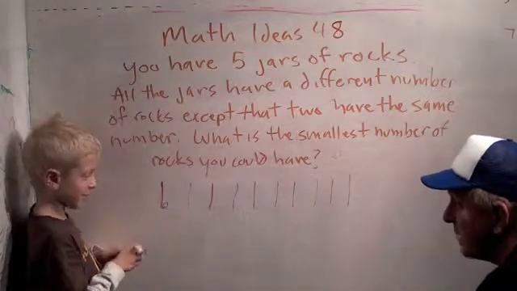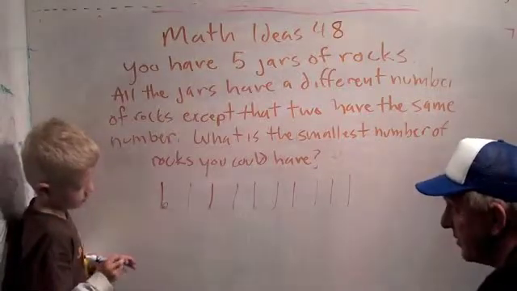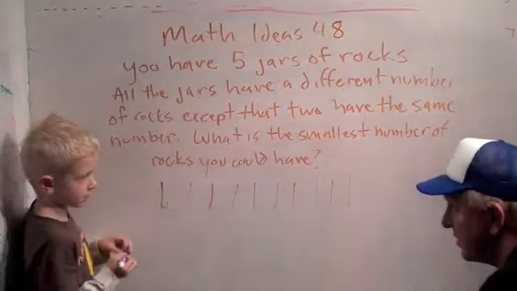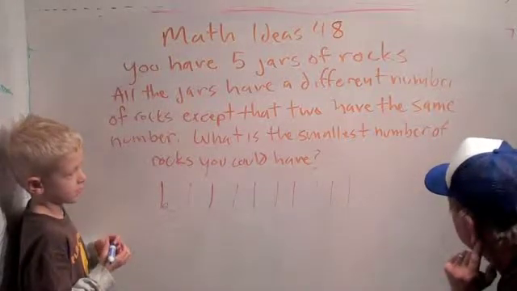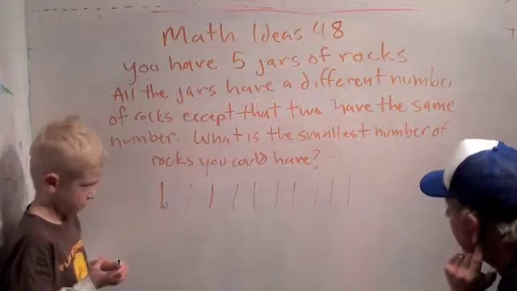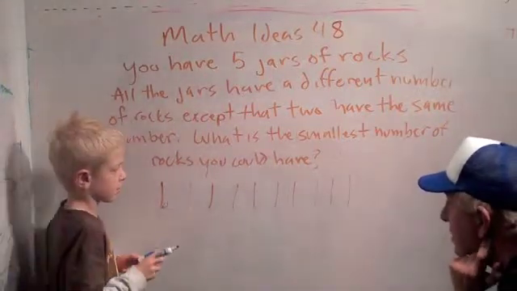Now, you know that the containers all have a different number of rocks except 2 that have the same. And if 2 of them are going to have the same, and you're going to try to keep it small, how many do you think are in the second jar? 2.